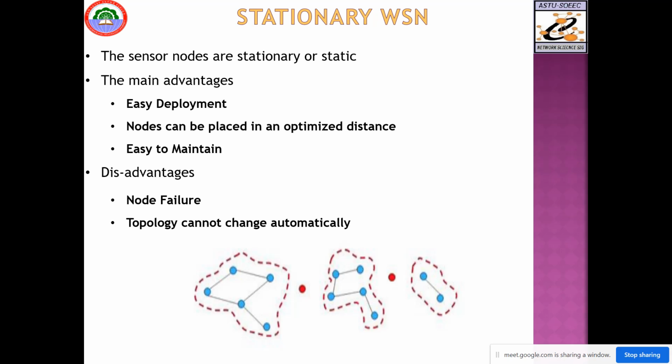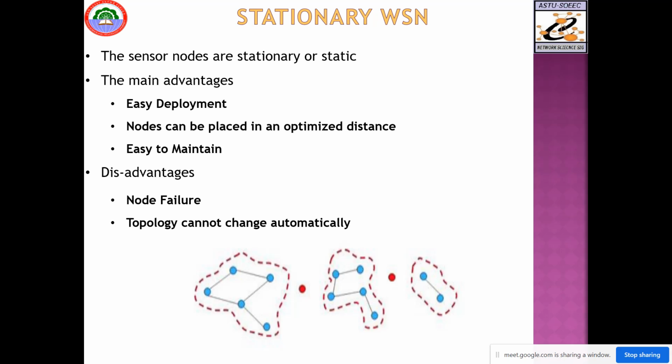When we deploy some mobile sensor nodes, the topology becomes a dynamic topology. Instead of static topology, we can say dynamic topology, because the topology is always going to be modified, always going to change as the node moves from one location to another location.